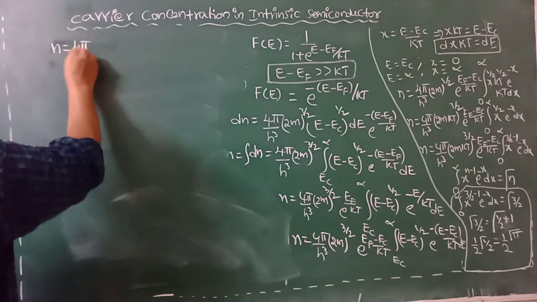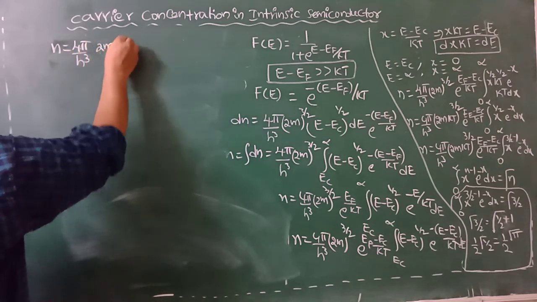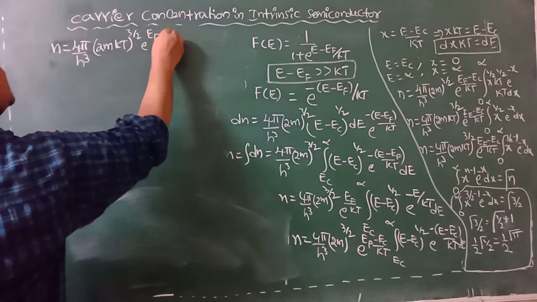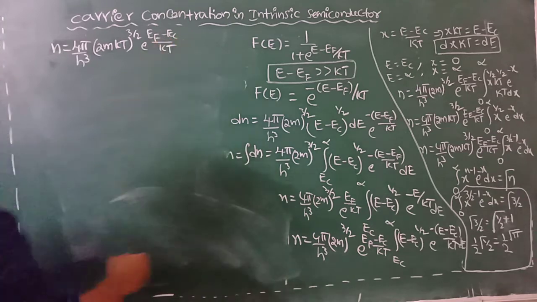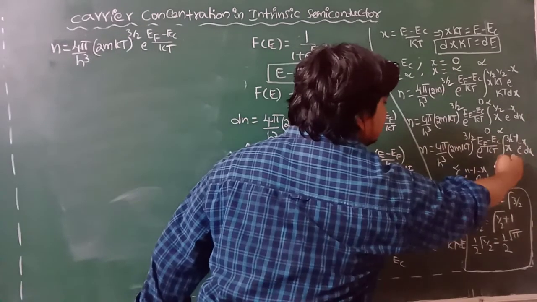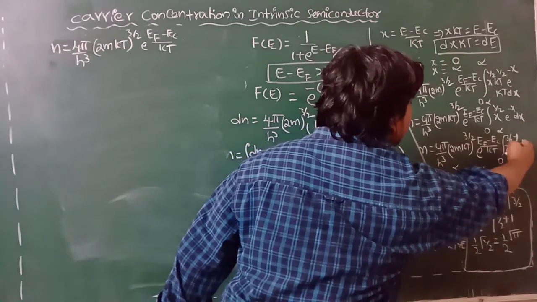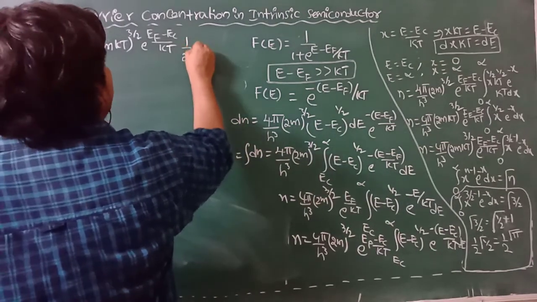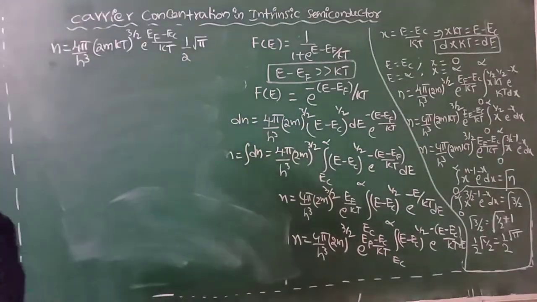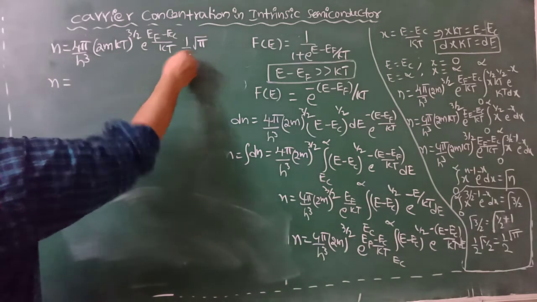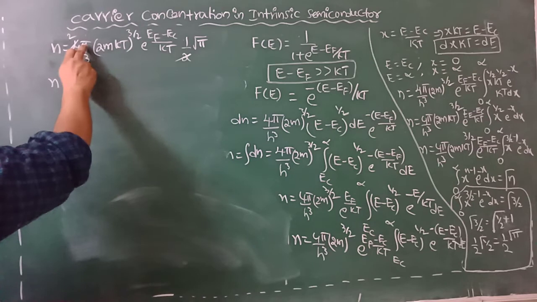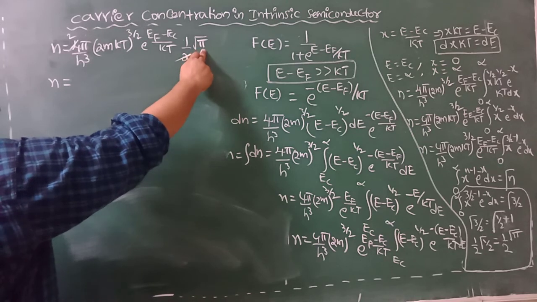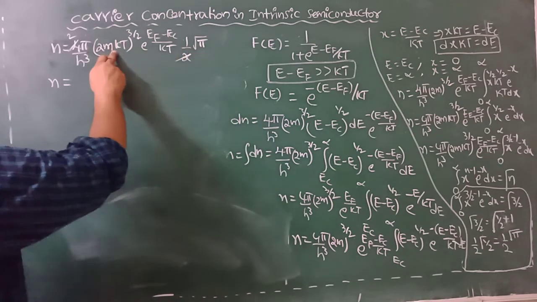n is equal to 4 pi by h cubed, (2m kT) whole power 3/2, e^((EF - EC)/kT). The integral from 0 to infinity of x^(3/2 - 1) e^(-x) dx becomes 1/2 root pi. Then in n, the 2 and 4 cancel, 2 is there, and pi power 3/2 is included.